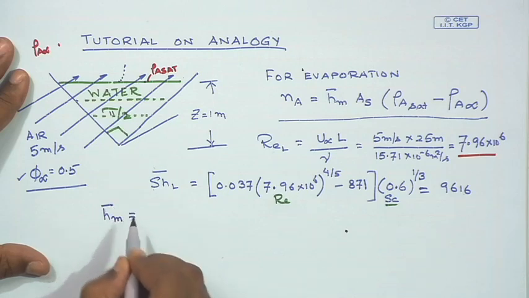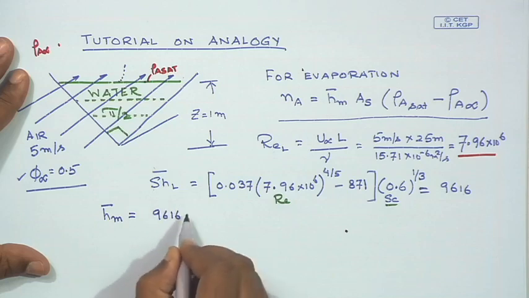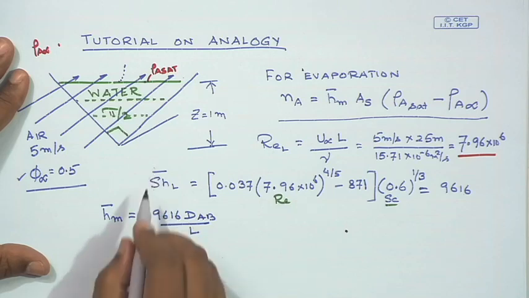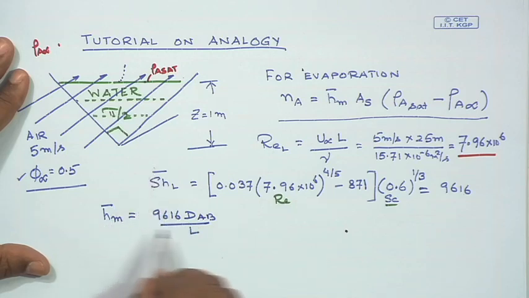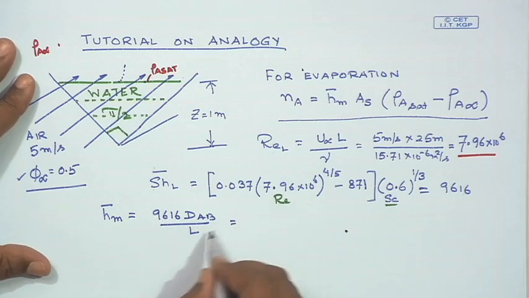Therefore, h̄_m, the average value of the mass transfer coefficient, should be 9616 times D_AB by L, since the Sherwood number is h_m L by D_AB. L is the length scale, which is equal to 25 meter.